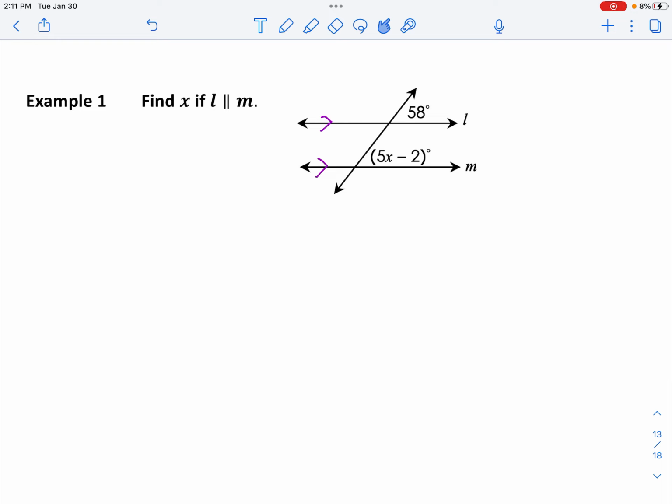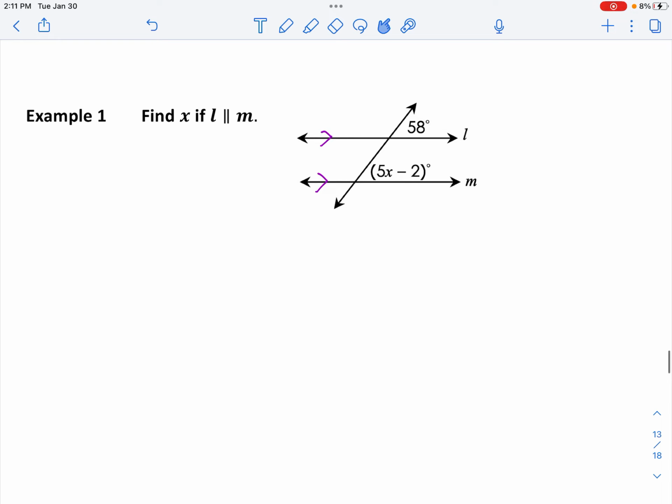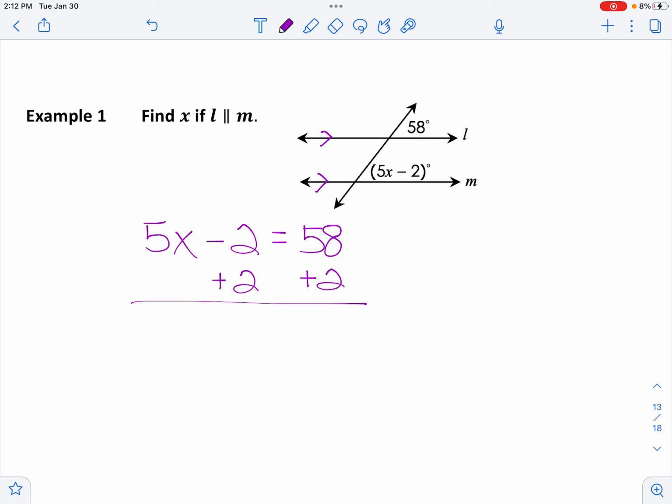So I'm going to say 5x minus 2 has to be equal to 58. Okay, now I'm going to solve this. So add 2 to both sides. I get 5x equals 60.